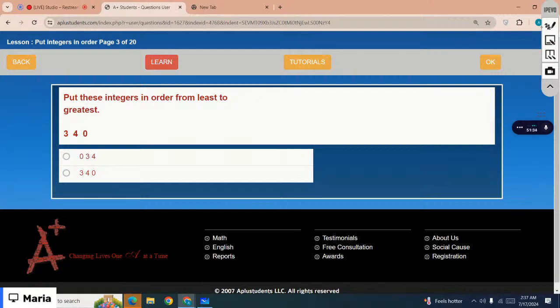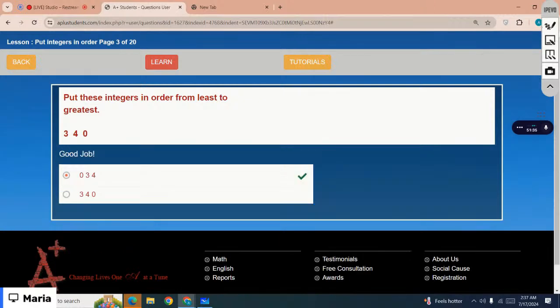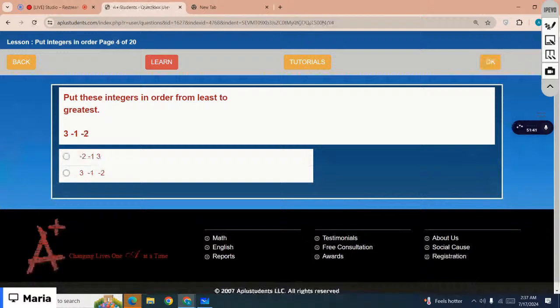Option number 1 is the correct option. Put these integers in order from least to greatest.